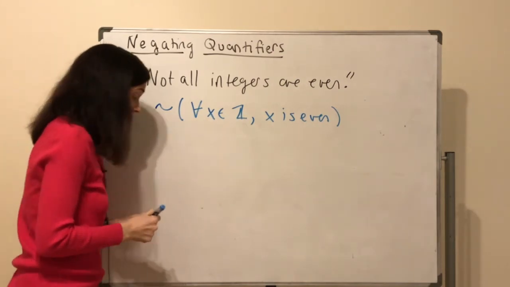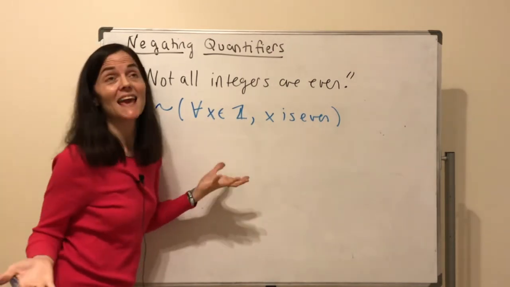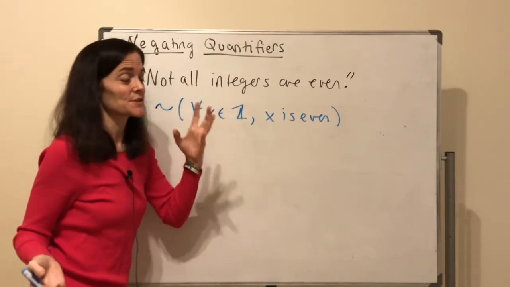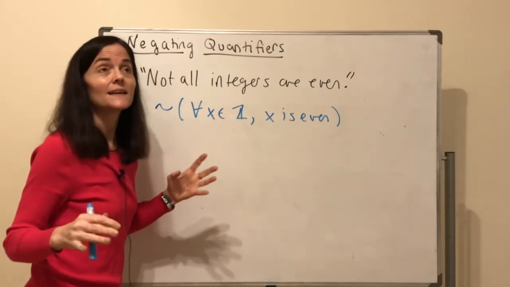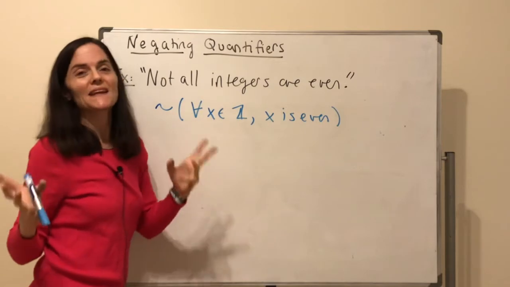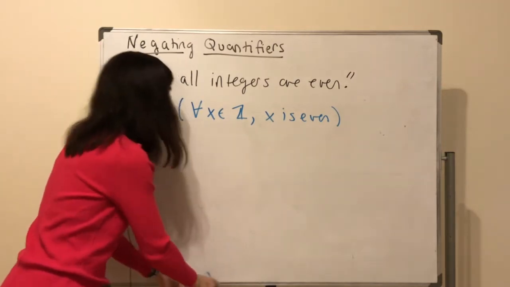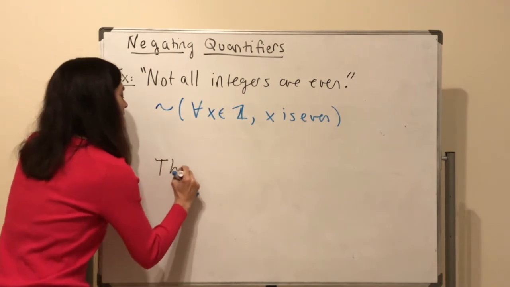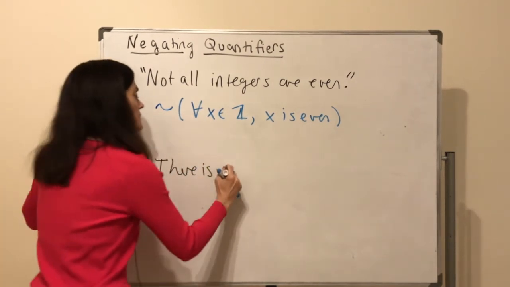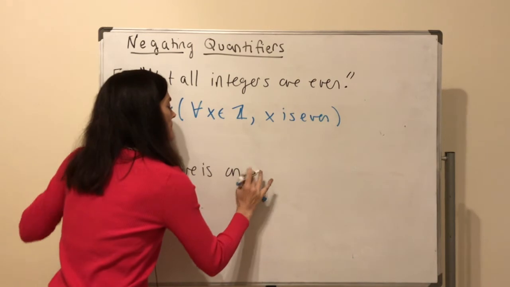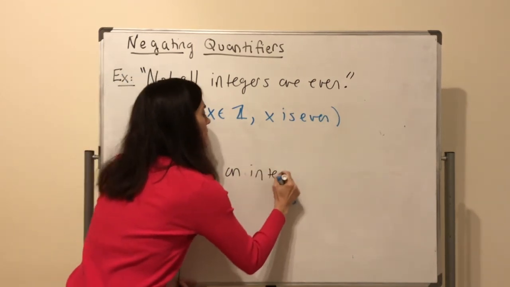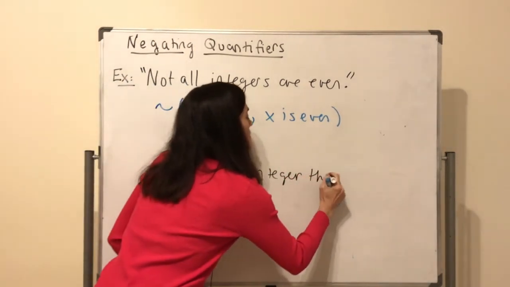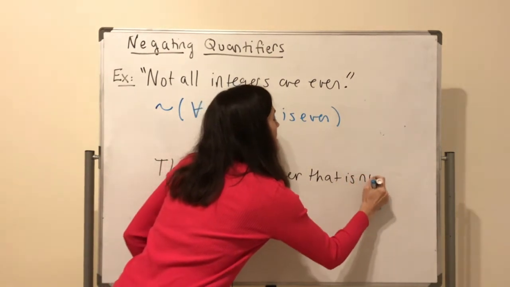Well, what is the negation? If it's not the case that all integers are even, then there is at least one integer that's not even. So I'll write that first, and then we will see what the symbols is. There is an integer that is not even.